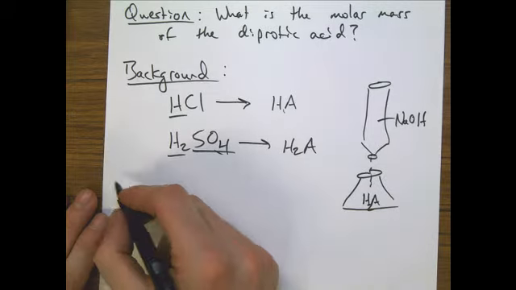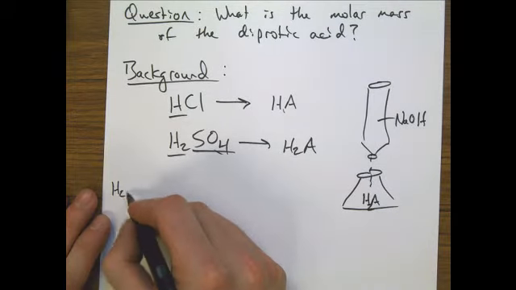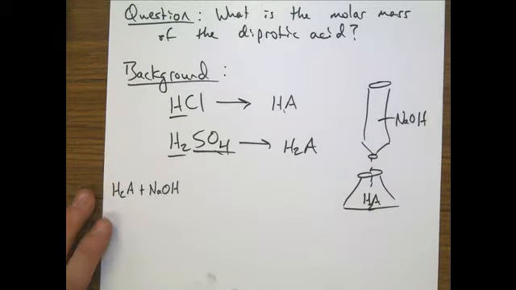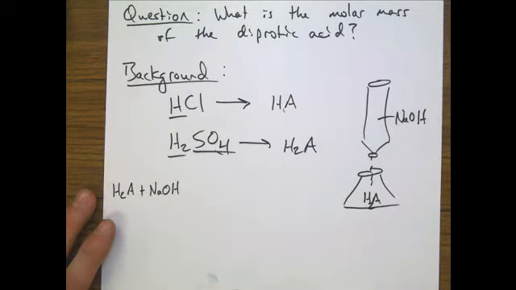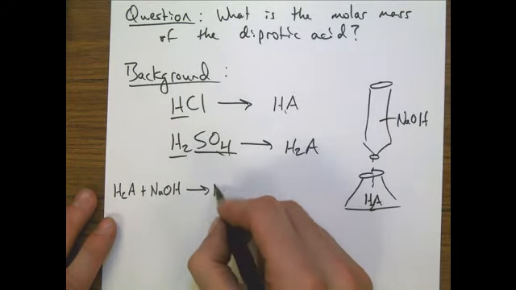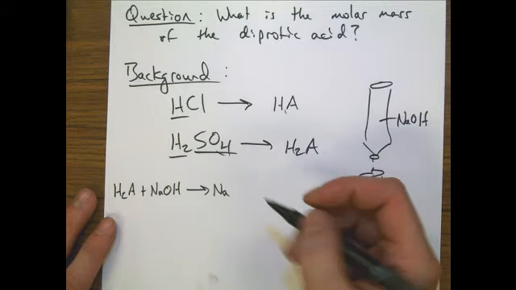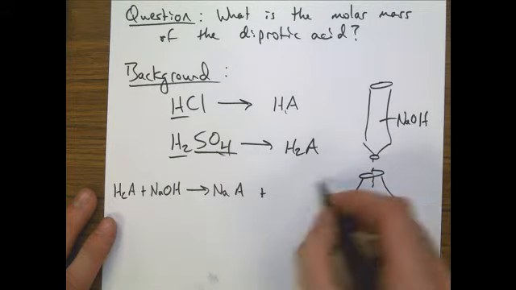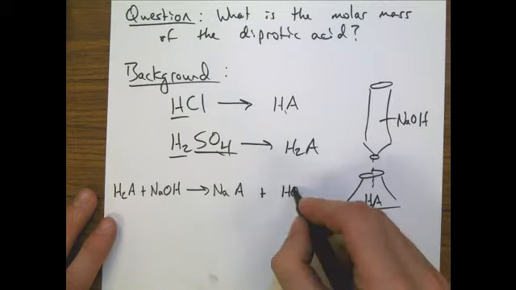So the reaction would be H2A plus NaOH. It's an acid-base reaction, and you're going to produce, of course, the salt, which is going to be NaA, believe it or not, plus the HOH, which is your water.